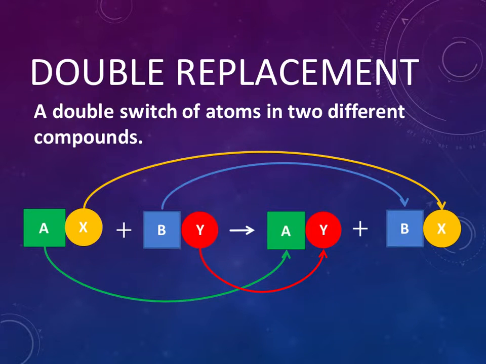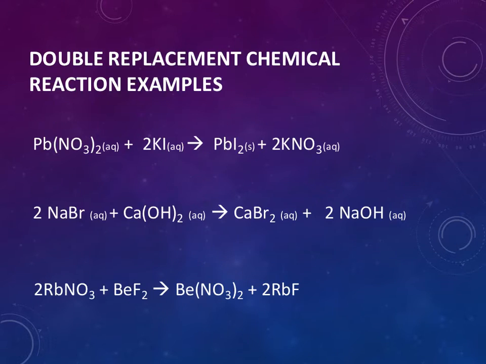So now you're dancing with the person you want to dance with, and the other person that you came with is dancing with the person the other one was dancing with. So you basically have switched partners, and that's all that's really happening here. You're switching partners, or you're switching atoms in two different compounds.